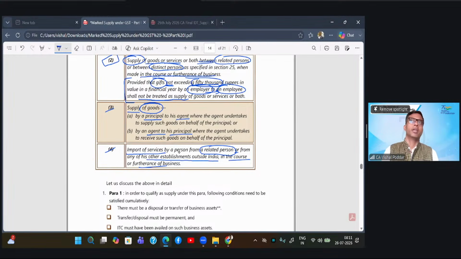So let us say I have a branch in Dubai, same consulting office, and that Dubai branch has given some consulting services to my Indian branch. In such cases, this is import of service. Obviously, this will be free because both are my branches, so they won't be charging anything. But whatever my Dubai branch has given to my Indian branch, that will be treated as a supply.